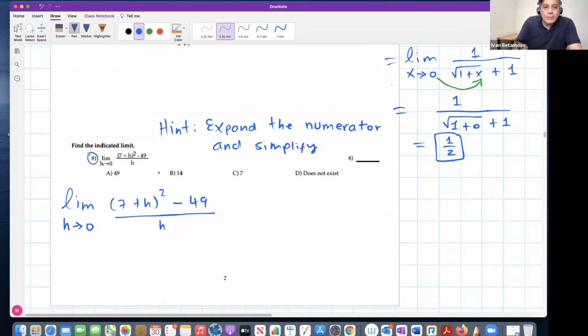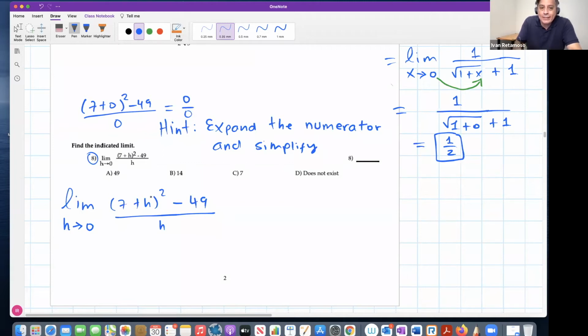And you may say, Professor, what if we just plug the value in? Unfortunately, if you plug the value in, which is nothing wrong with doing that, you're going to get this annoying 0 over 0 loop. 7 plus 0, 7. 7 squared, 49. 49 minus 49, 0 over 0. So because of that, we have to do something else.